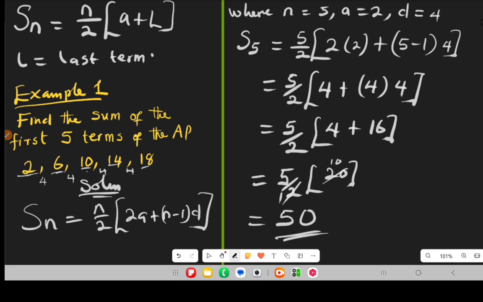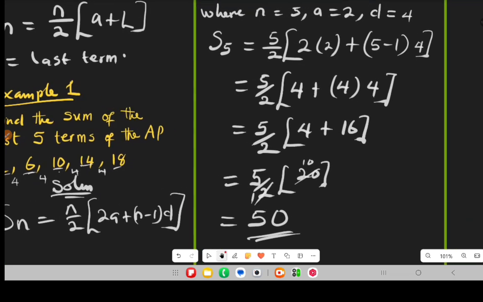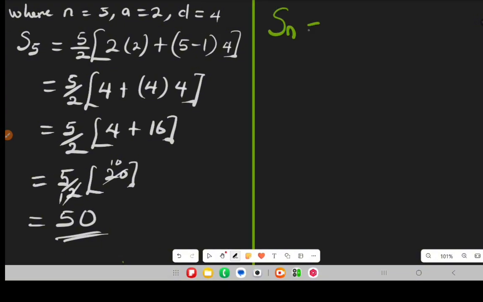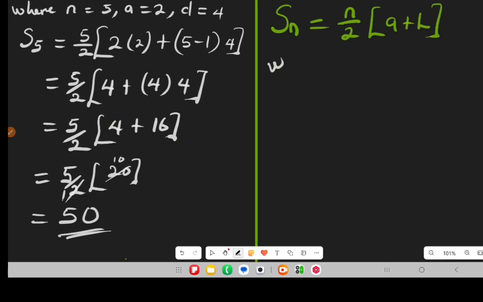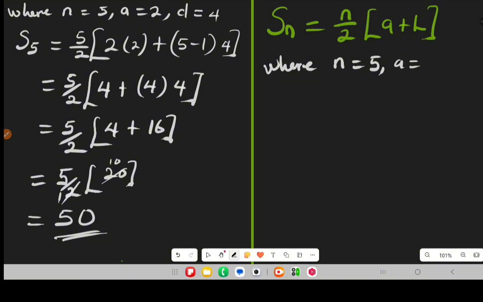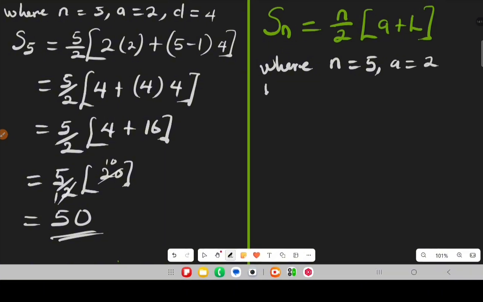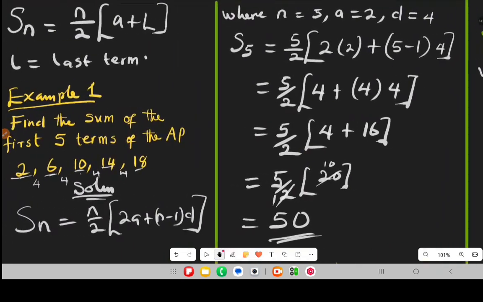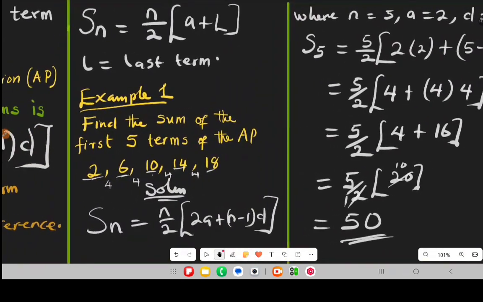which is the answer. We can use the alternative method, which is Sn equals n over 2 times (a plus l), where n is equal to 5, a is equal to 2, and l is equal to, we go back and check the last term given.